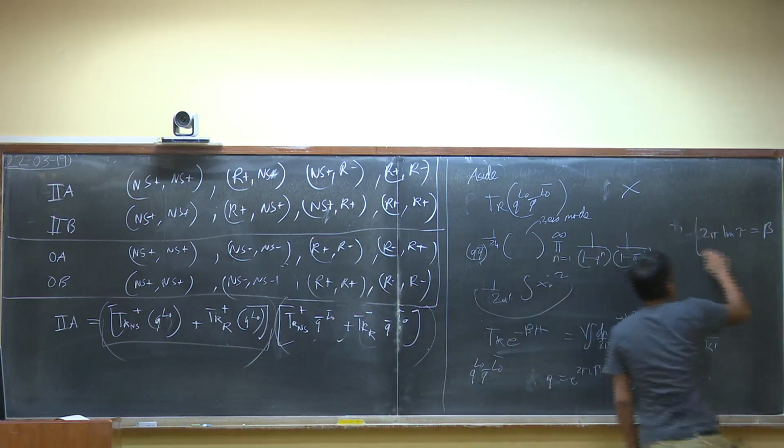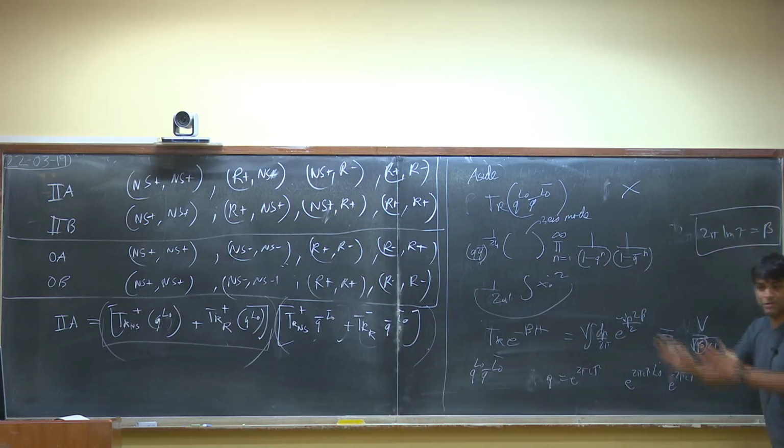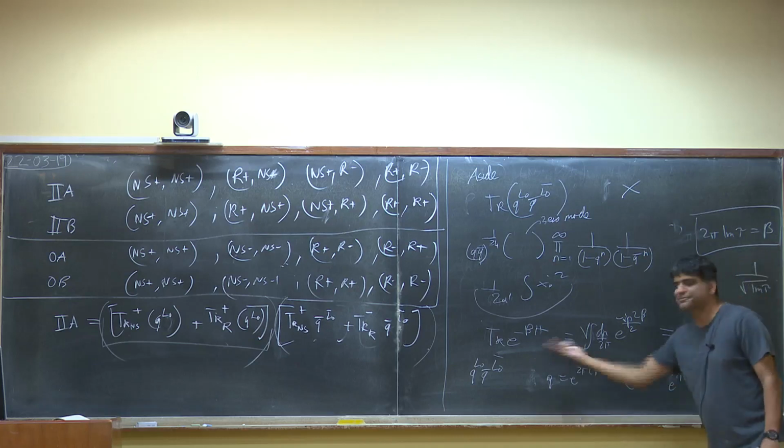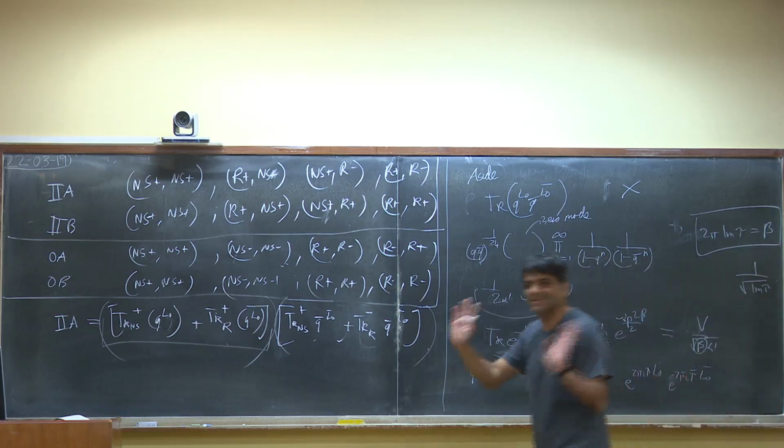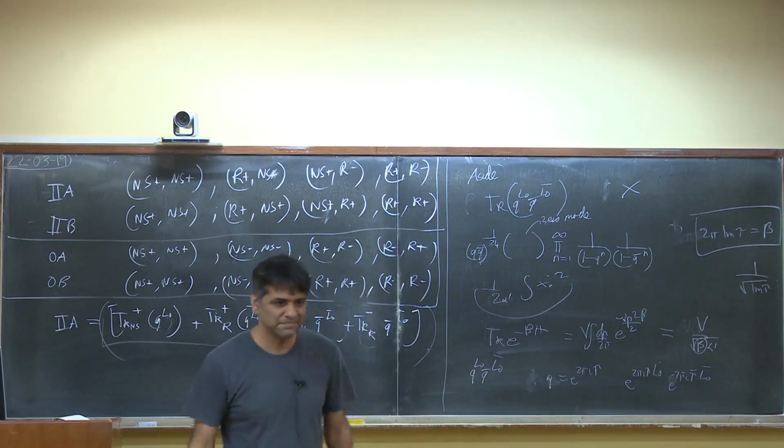Okay, if we were keeping factors of 2 pi, which Polchinski does religiously, we would have to worry about this 2 pi, but at our level of precision, this 1 over square root of beta just becomes 1 over square root of Im tau, which you can write in terms of q and q bar if you wanted to, but it's nicer just to write it as Im tau.